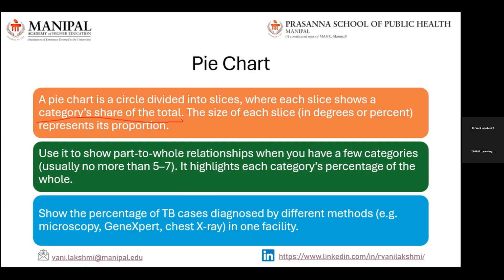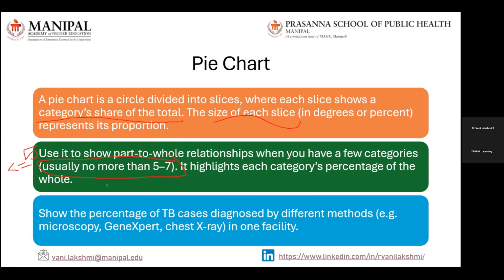So you want to know the share of the total, and the size of each slice of the pie chart represents the proportion. Please use it only if you have, ideally, less than or equal to 5 categories. 5 to 7 itself is a big confusion, but definitely not more than 7.